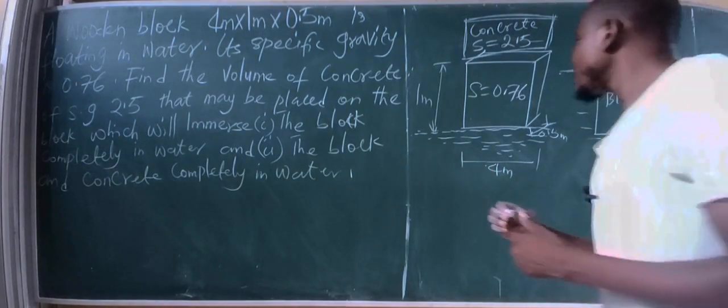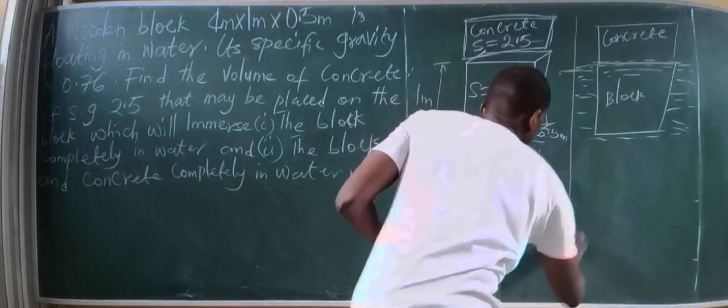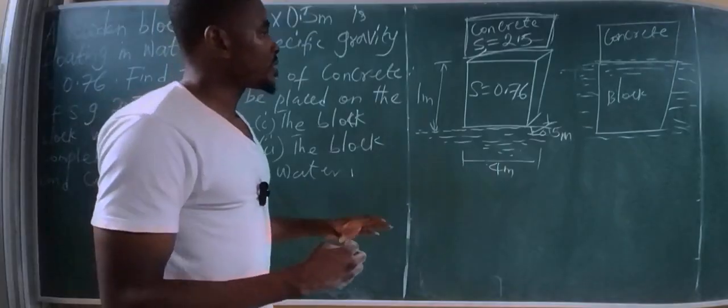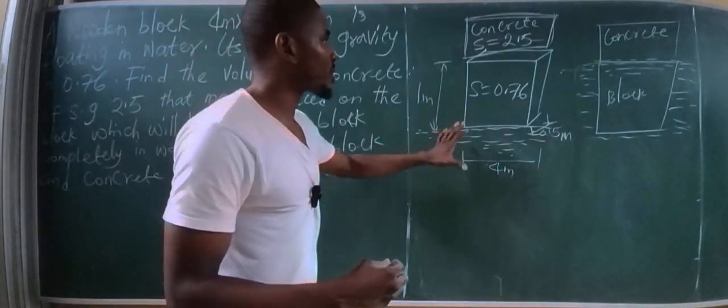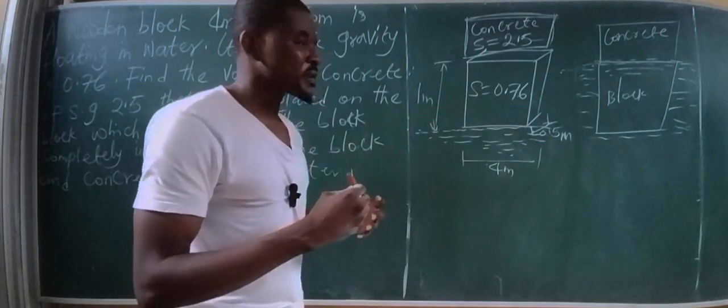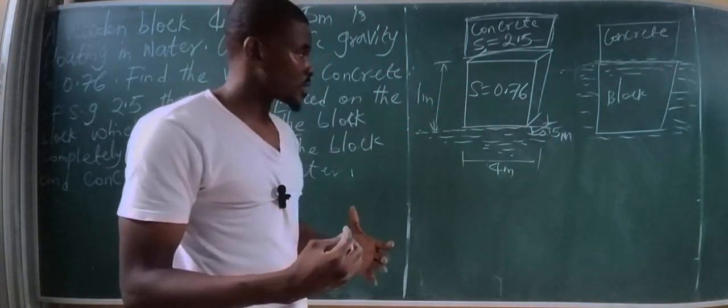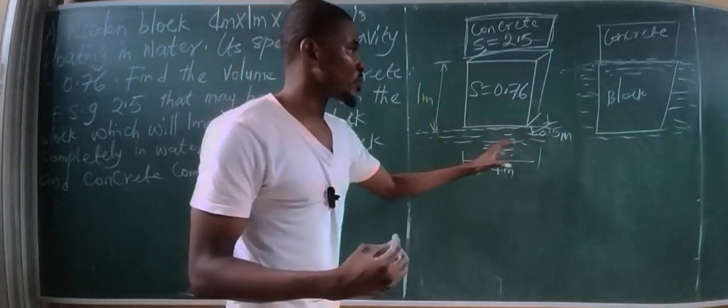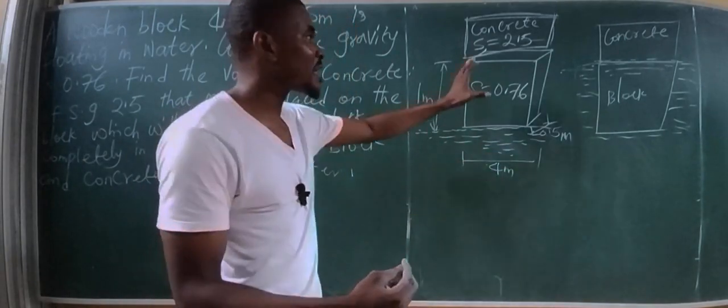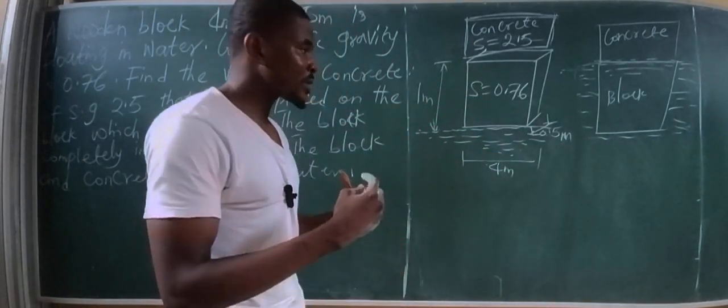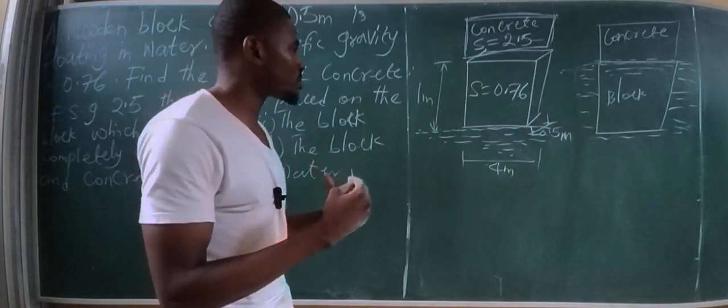Now, as always, this is the condition of the block when it is under atmospheric condition. The block here is floating on the water, not immersed in the water. So under atmospheric condition, we can simply obtain what?